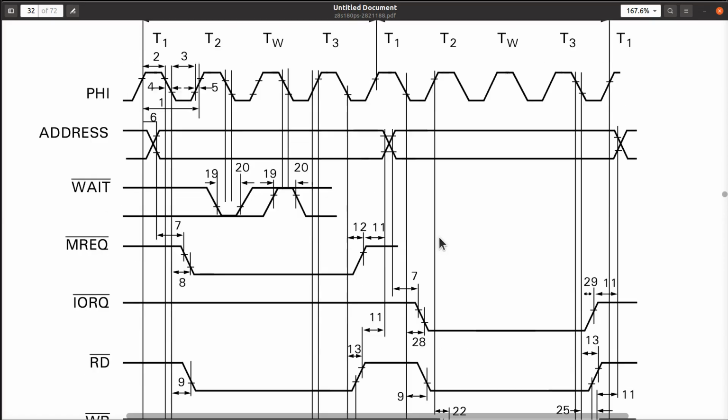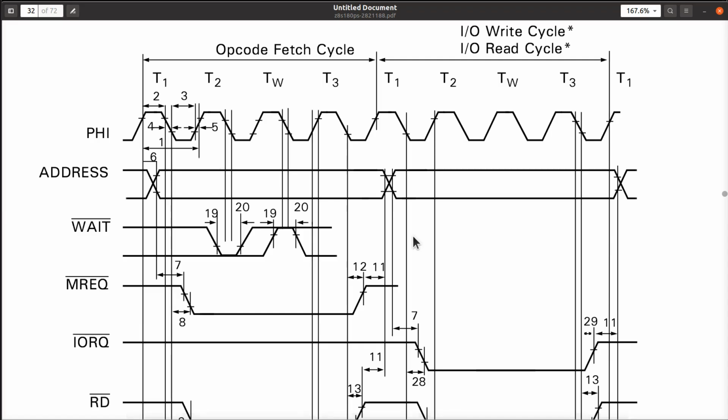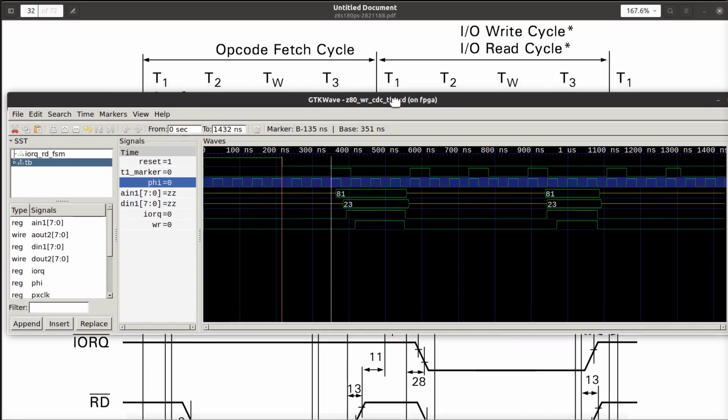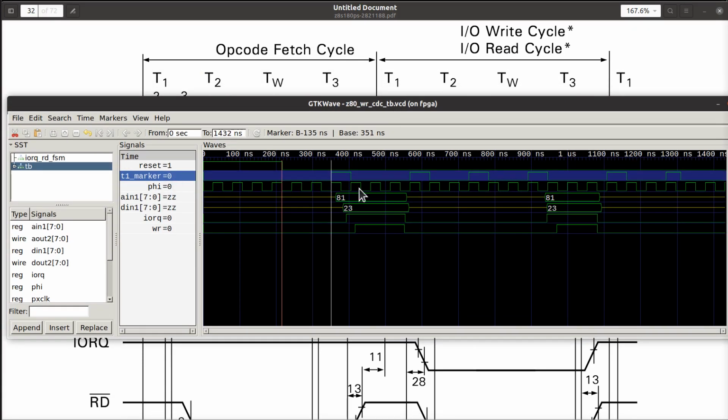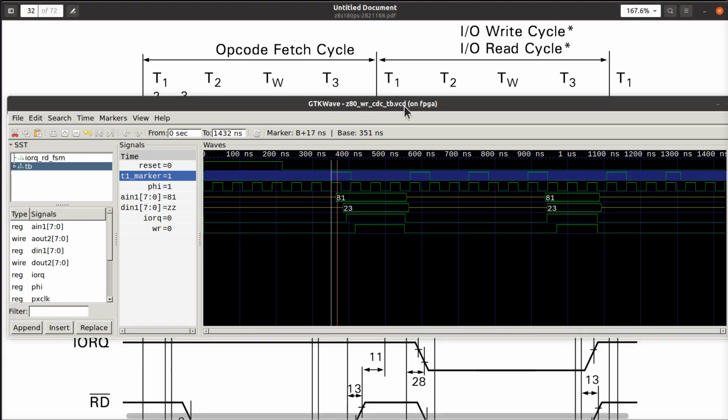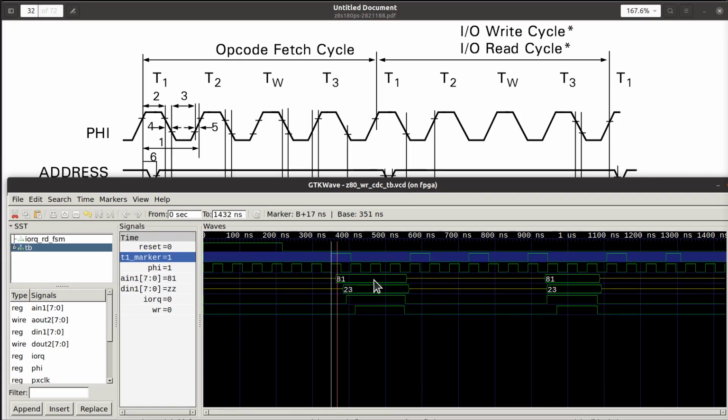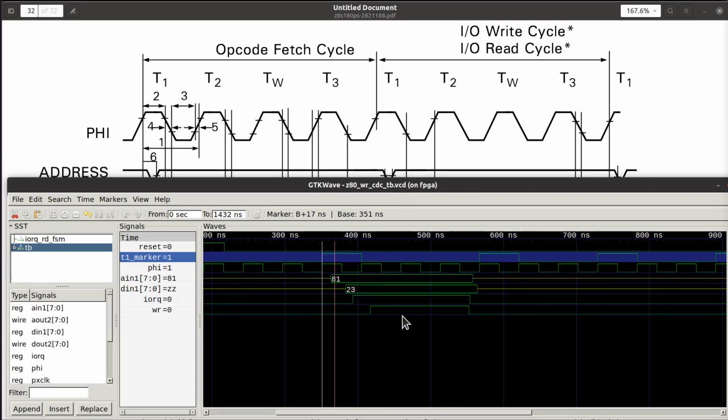All right. So the first thing I wanted to see in my simulation, we come out of reset, we just let the clock run for a little while. Then I'm going to mark T1. Again, here's my final product here. This is the T1 marker. That guy right there represents this T1 right up here. And the address bus, we can zoom in a little bit here.